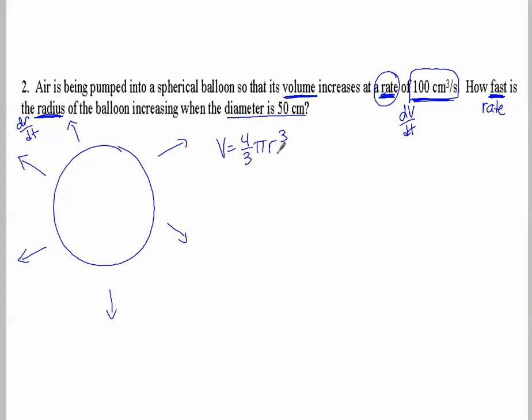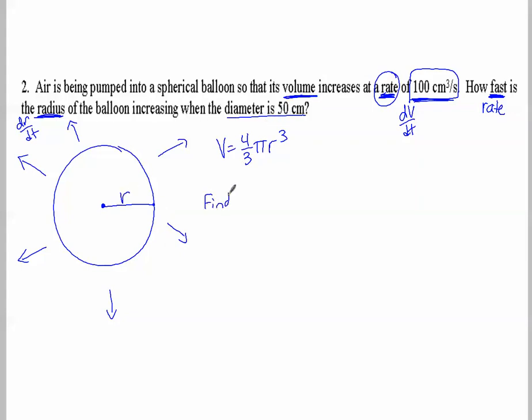Radius is in my formula. So I'm going to put radius in my picture instead of the diameter. Now, is the radius always the same amount if my sphere is getting bigger? No. So I'm not going to put 25 here for the radius. I'm going to put r for the radius because it's a changing length.